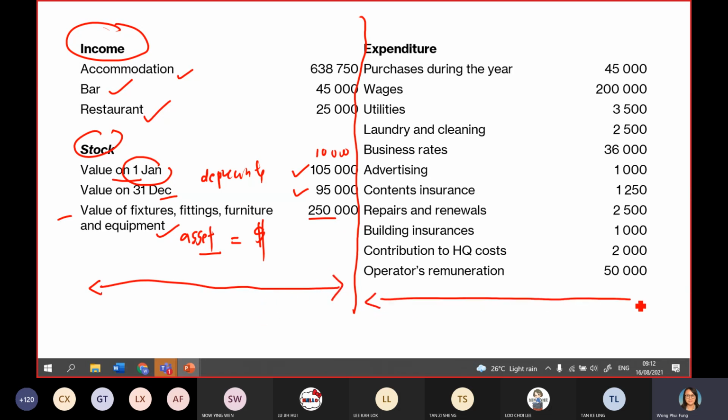Then here is the expenditure, the cost of operating the hotel. Say for example, purchase, pay salary, utility, laundry, and so on. So as I said, for you to do the profit method, you need to extract the account from the business to check the income and also the expenditure.